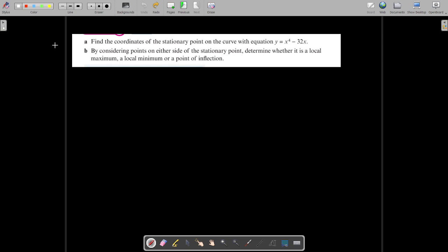So dy by dx equals 4x power 3 minus 32. And then if I do the second derivative, it's going to give me 12x squared.